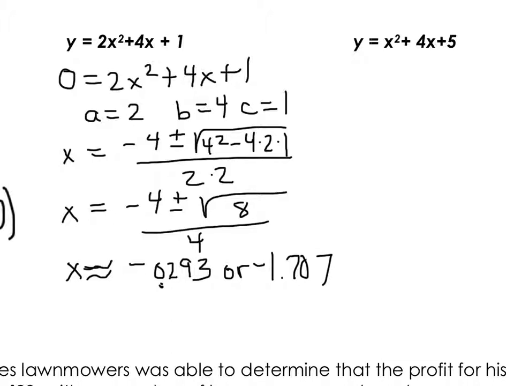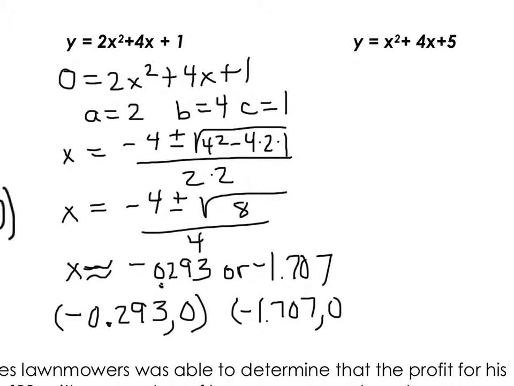So that gives us two x-intercepts. The first one is -0.293. The second one is -1.707. That's it. We have two x-intercepts.